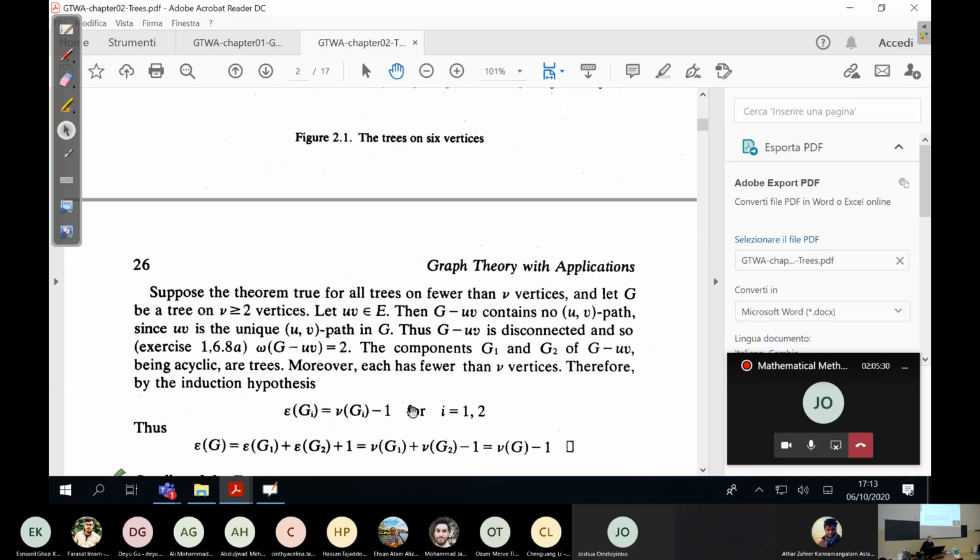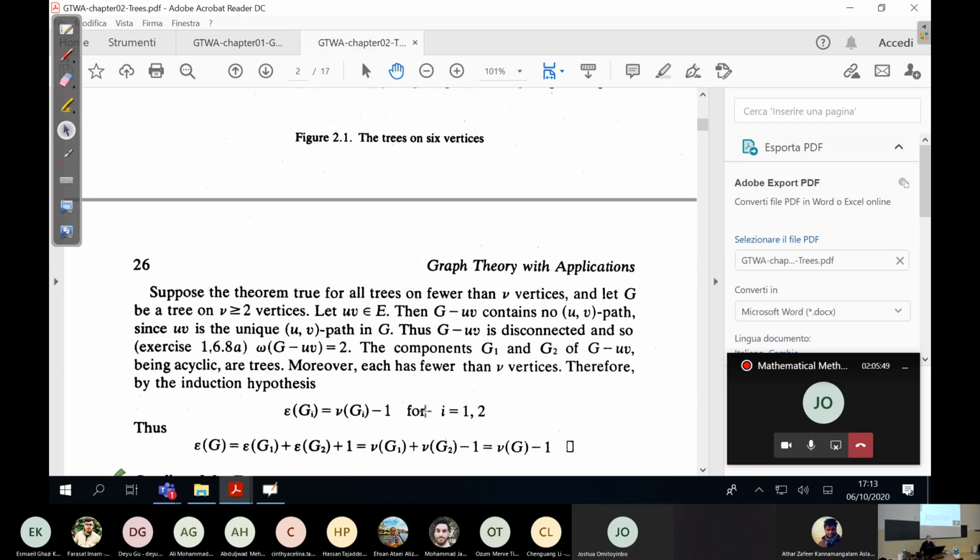Our induction hypothesis says that for G1, epsilon of G1 is n of G1 minus 1. For G2, epsilon of G2 is n of G2 minus 1.